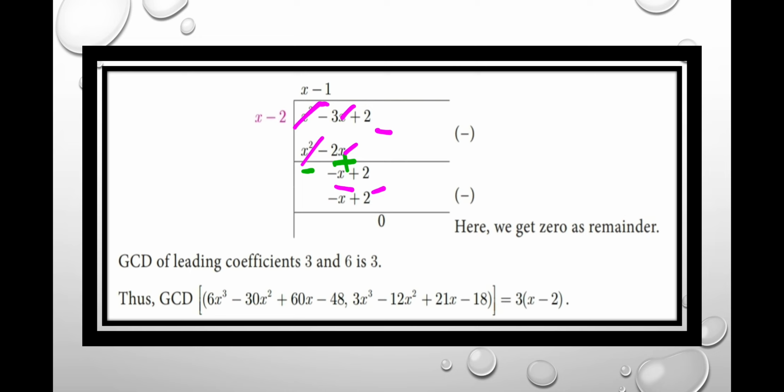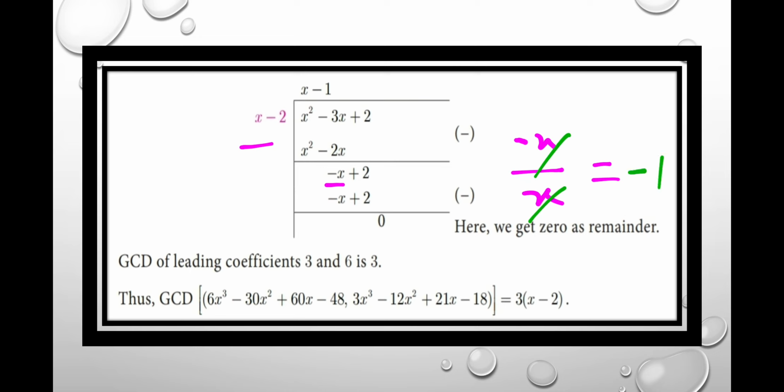Then again divide the first term of this polynomial, minus x, by the first term x. What is remaining? X gets cancelled, so the quotient is minus 1. Write minus 1 here and multiply each and every term by minus 1.